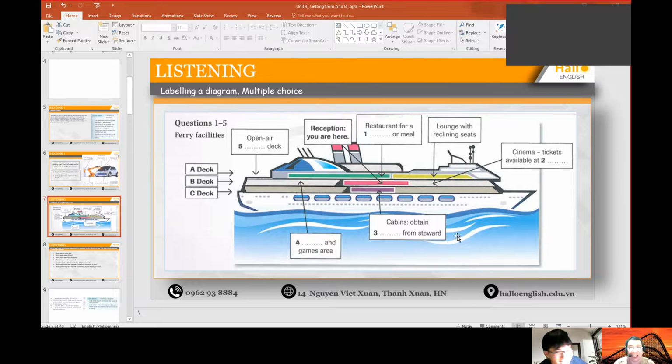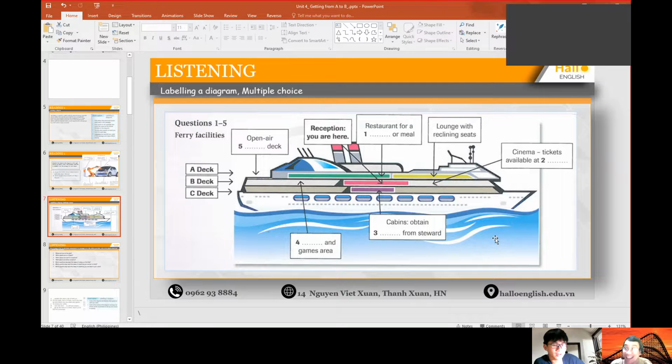Now, this is what we call labeling a diagram using multiple choice. There are three choices here: A, B, and C, so deck A, deck B, deck C. In IELTS exams, there would be this kind of question.